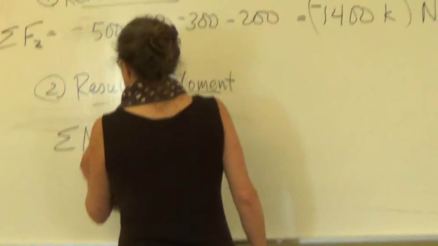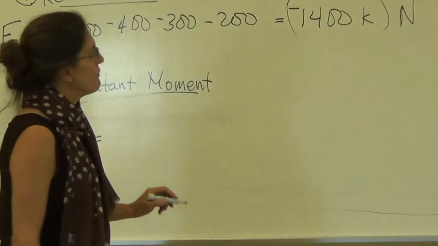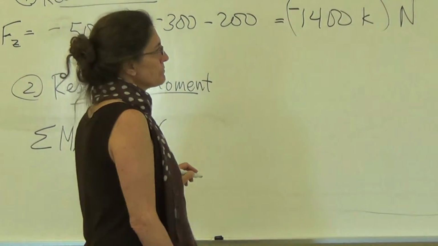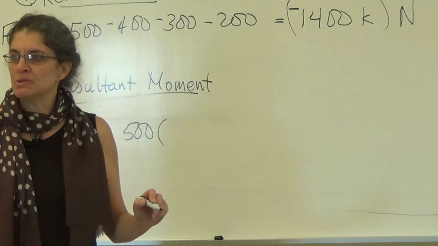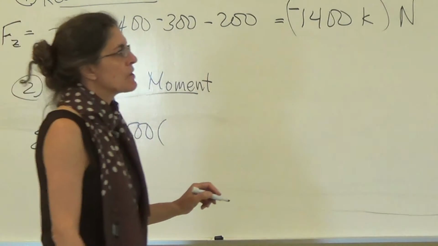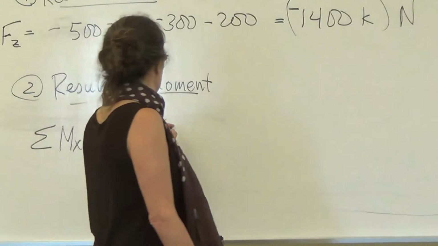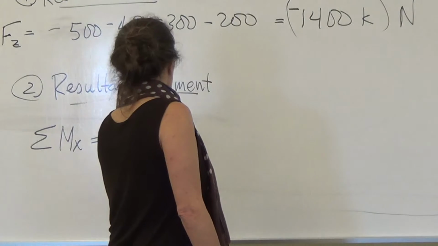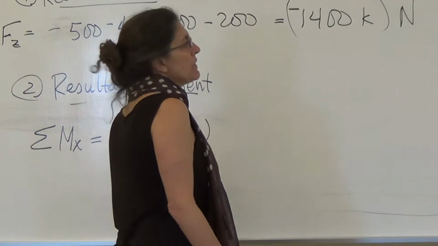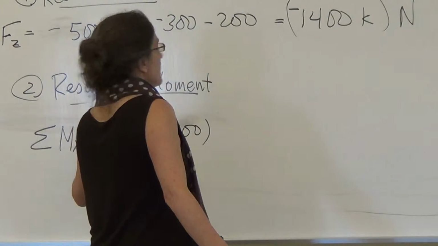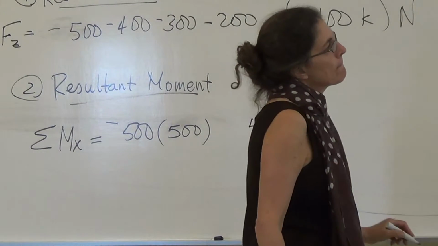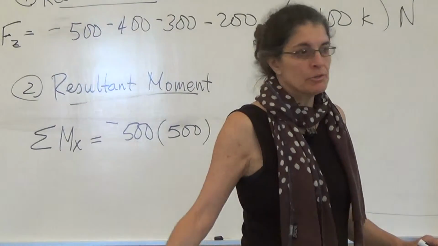Okay, sum of the moments about x equals 500 times, do you want to use meters or millimeters? Let's use millimeters. 500 times what? 500. Positive or negative? Negative. 400 times 1,000.